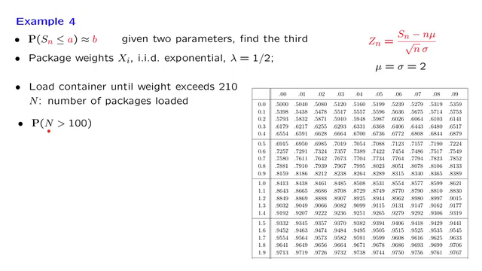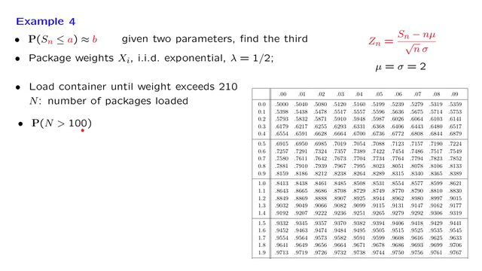Now, this problem feels a little different. The reason is that N is not the sum of independent random variables, and so we do not have a version of the central limit theorem that we could apply to N. What can we do? Well, we try to take this event and express it in terms of the Xi's. And here's how we go about it. What does it mean that we loaded more than 100 packages?